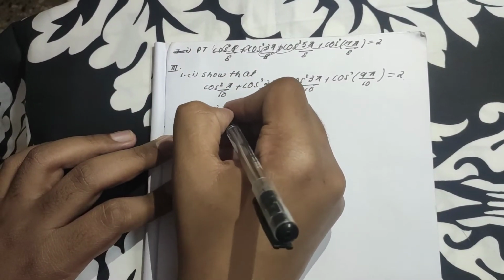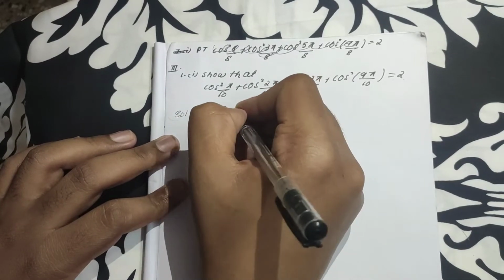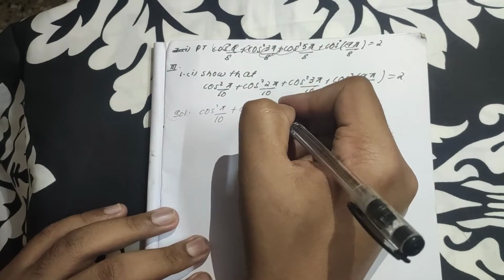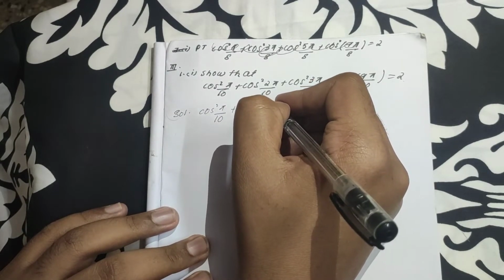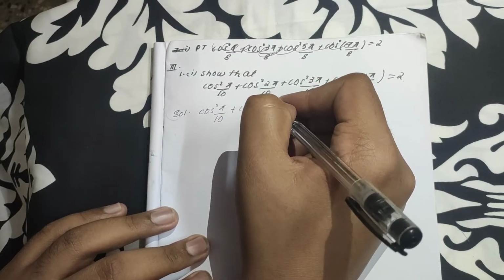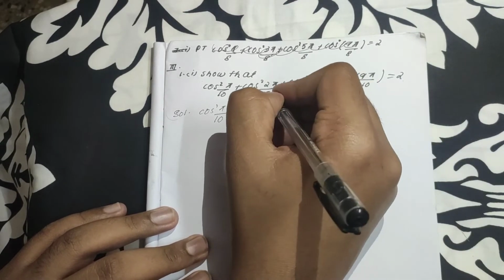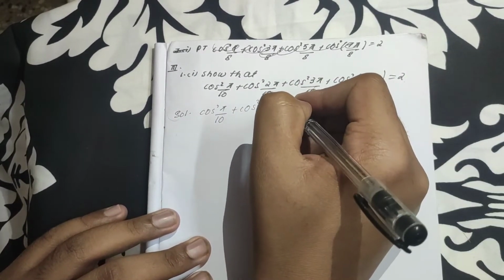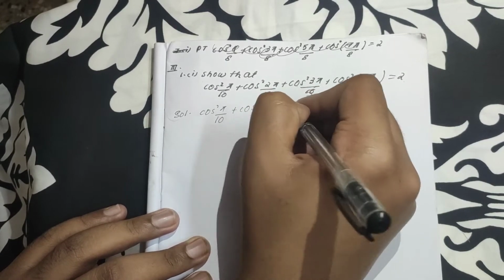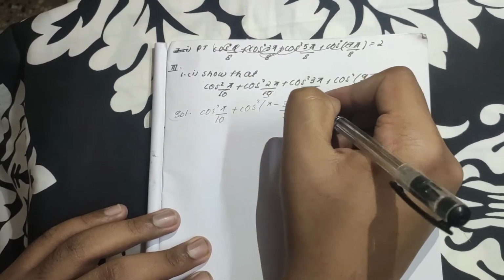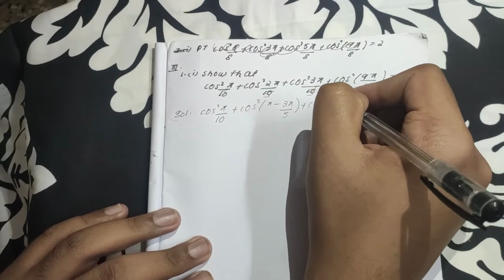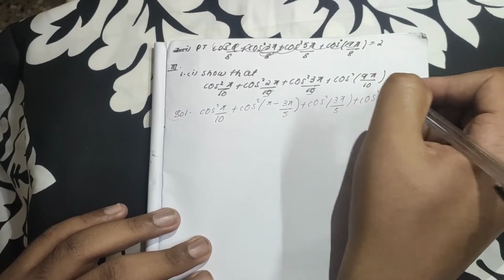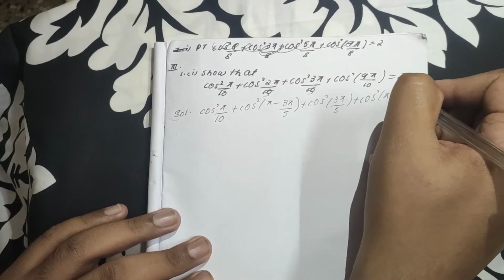So this is cos square 5 pi by 10. Cos square, this can be written as pi minus 3 pi by 5, and write this as it is, 3 pi by 5 plus cos square, this can be written as pi minus pi by 10.